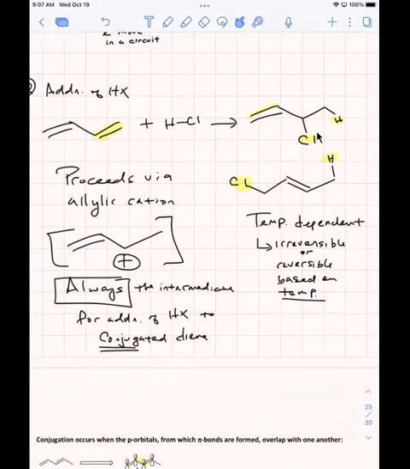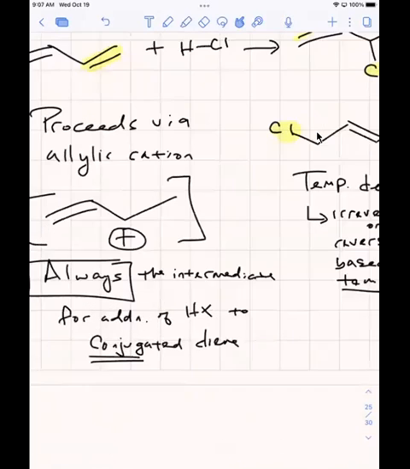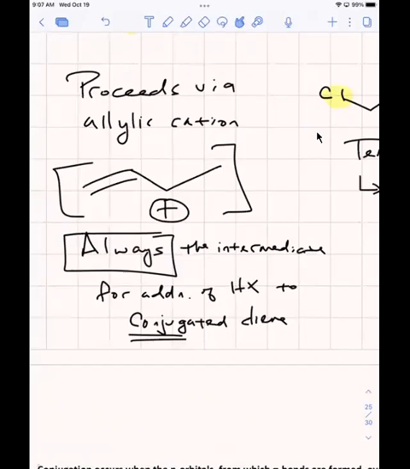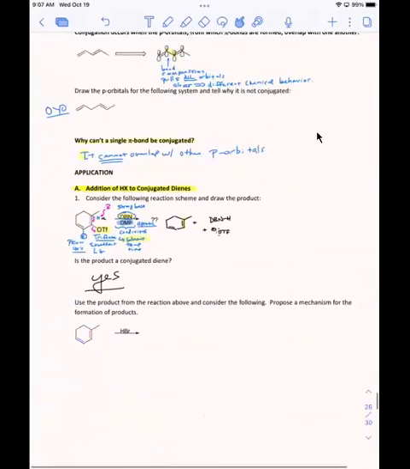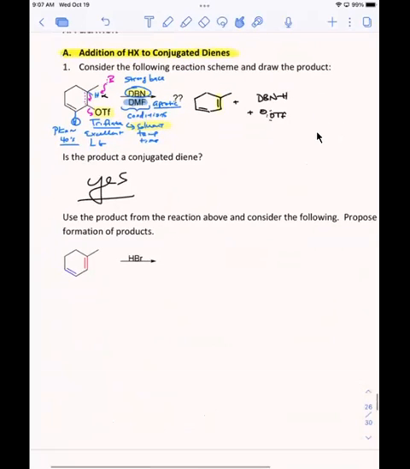And I said that we get two products, but there's a common intermediate to get to each one of those products, and it's this allylic carbocation that I showed here.